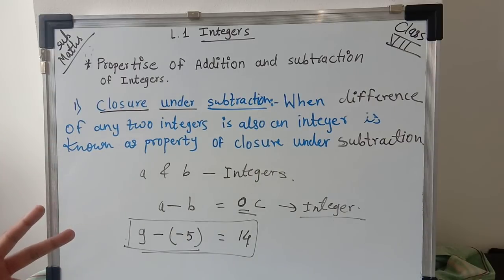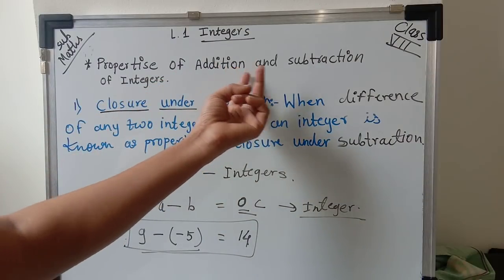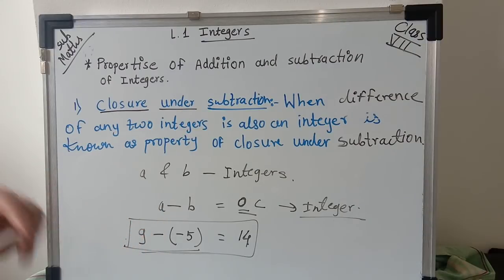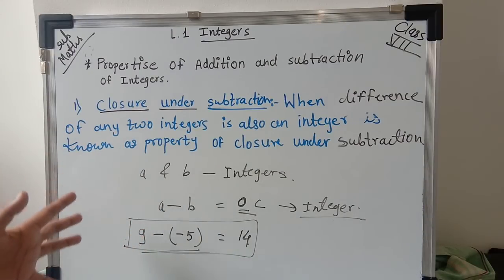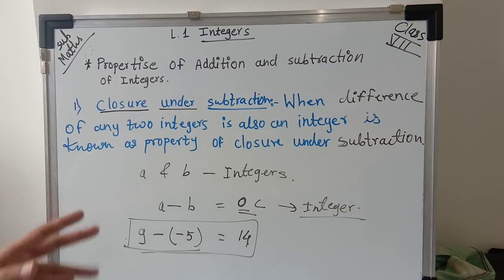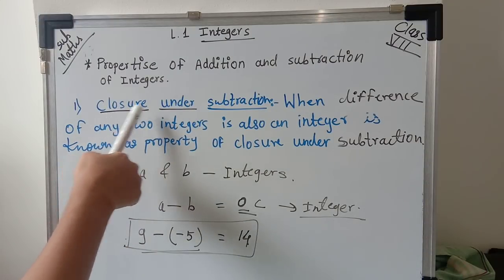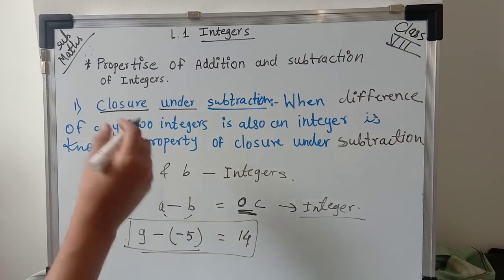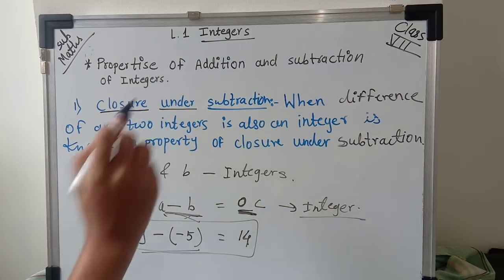Remember, two operations we are learning here, addition and subtraction, and the same property applies to both. In addition, closure means that when we add any two integers, whatever value comes is also an integer. For closure under subtraction, whatever difference comes is also an integer, so these integers are closed under subtraction.